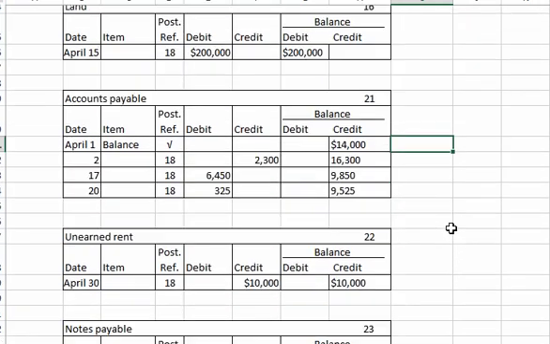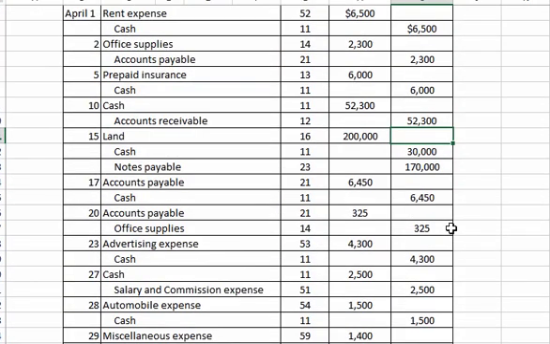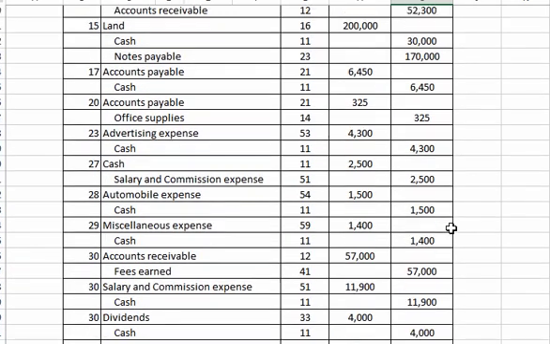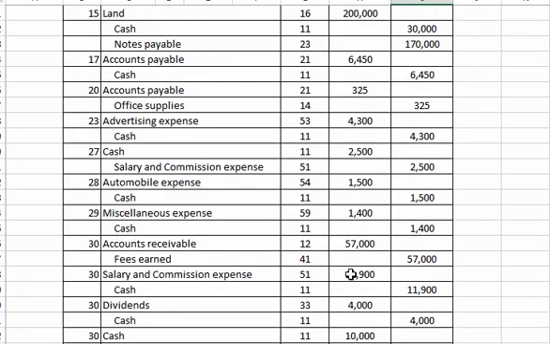Let's go back up to the journal. On that journal entry they're talking about, if we should have made this for $19,100 instead of $11,900, well, we entered $11,900 on the debit side, $11,900 on the credit side, so your two totals would still be equal. We just did it for the wrong amount.